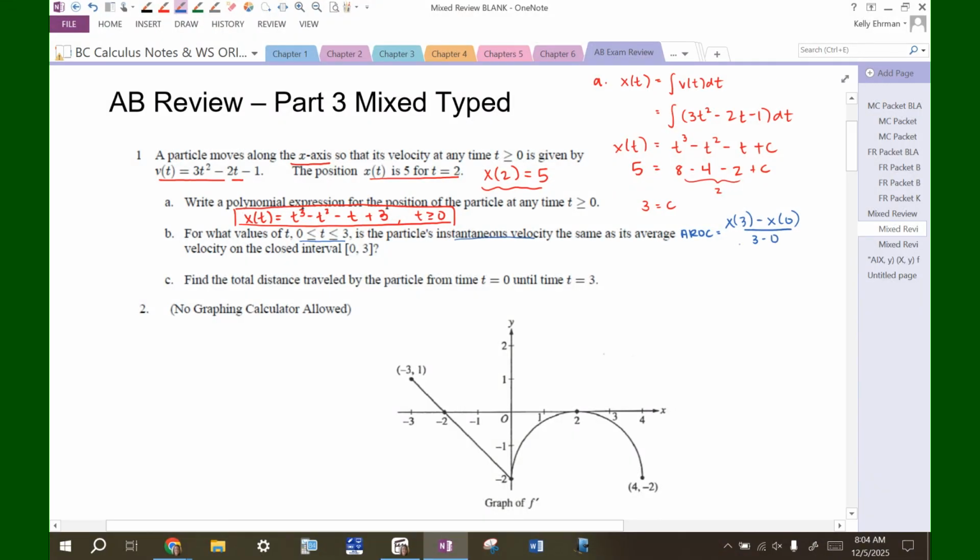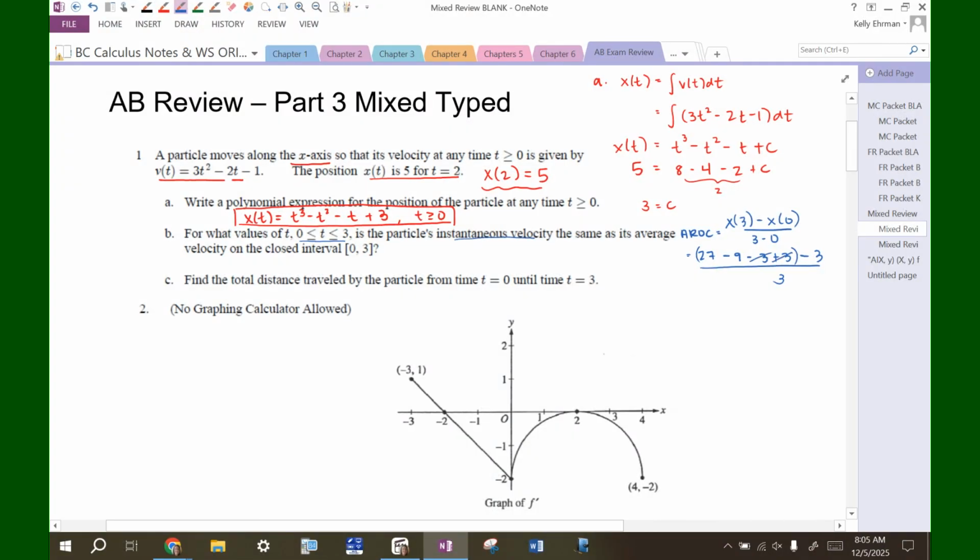All right, so x of 3 is, where did x go? Here we go. That's 27 minus 9 minus 3 plus 3, that's x of 3, minus x of 0, that's just 3, all over 3.